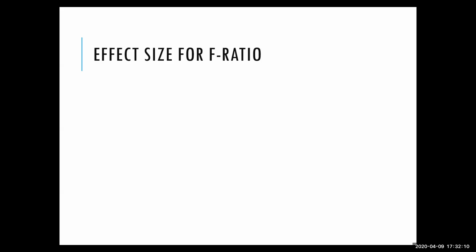So 30 divided by 2 is 15, and that's your mean square variance, which is variance between treatment groups. So the mean square between is 15, mean square within was 1.33, and so our F ratio becomes 11.28.